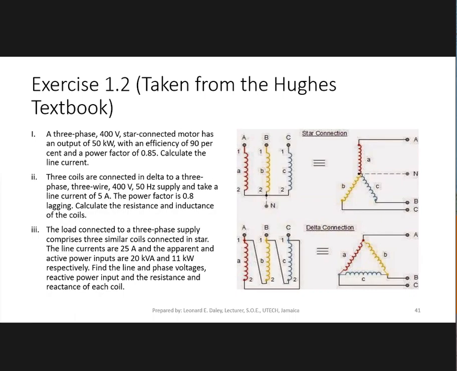Number 2, and what were your answers for number 2? You were asked to calculate resistance and inductance. For the resistance, I got 110.85, and for the inductance, I got 0.265 Henry.